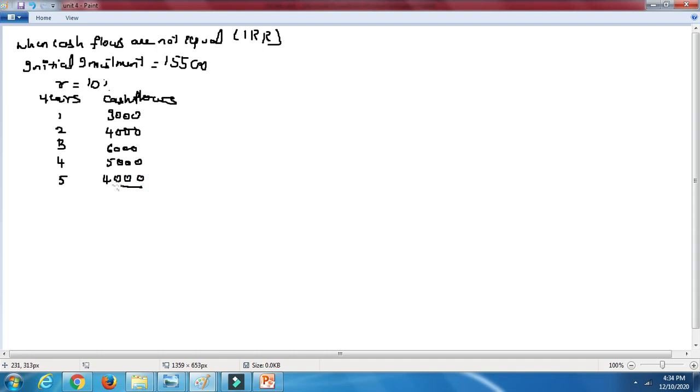First of all, total it up. What's the first step? Calculate fake annuity. The formula is total cash flows divided by the number of years.